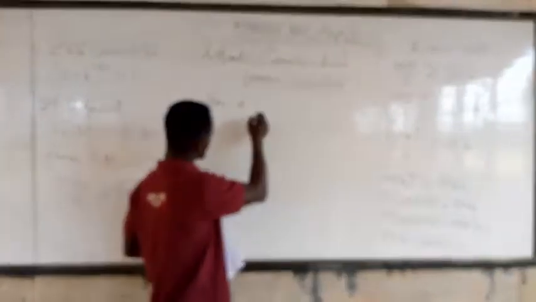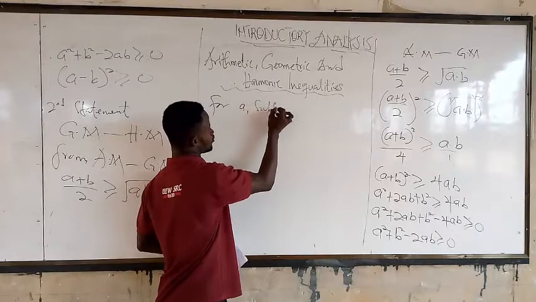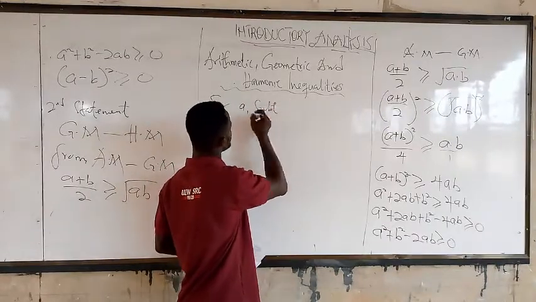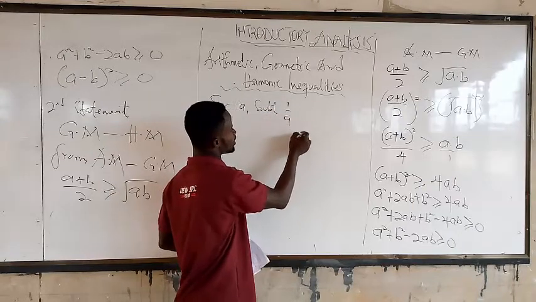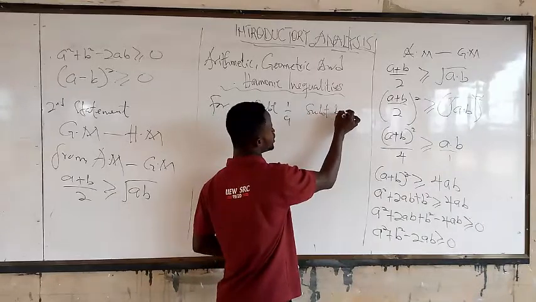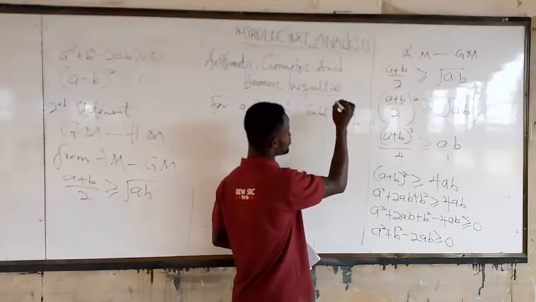From here, for a, we are going to substitute a to be 1 over a, and substitute b to be 1 over b.